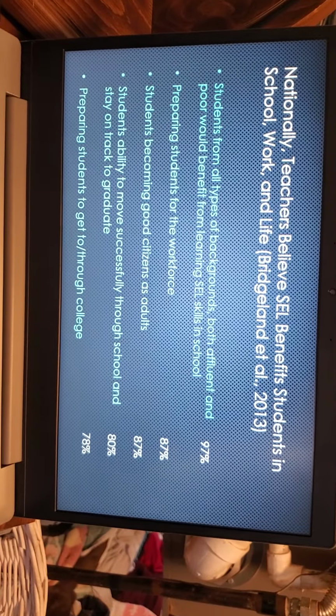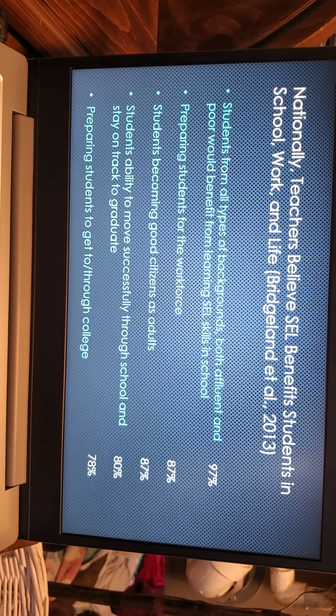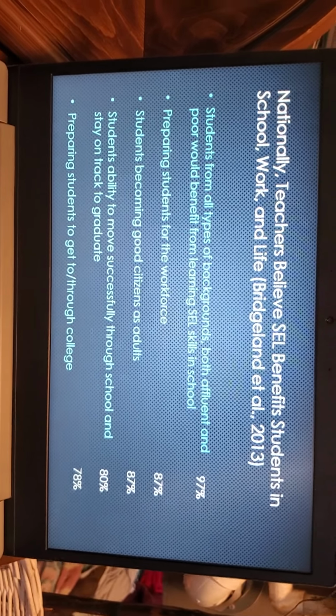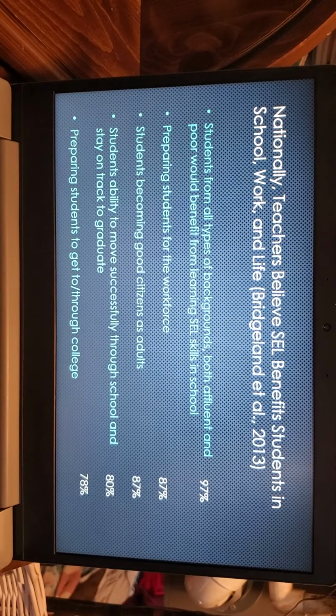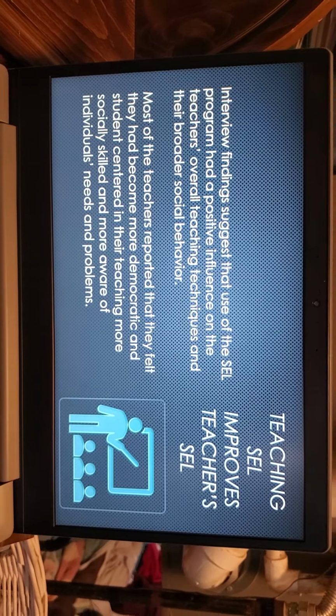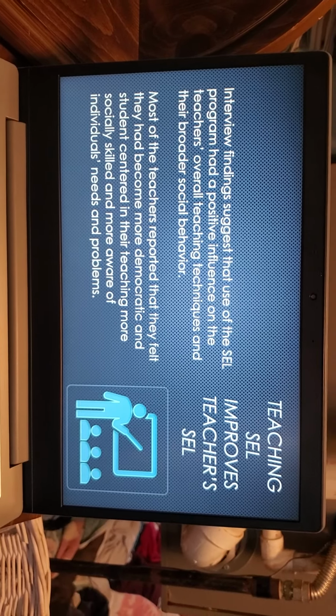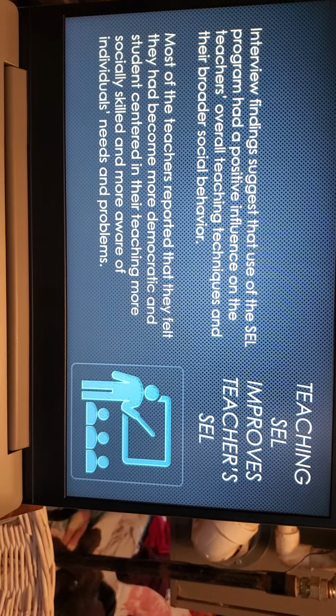So teachers that have this program in their schools believe that it really does help. And teachers are happier even when teaching. Teaching SEL improves teachers' SEL.